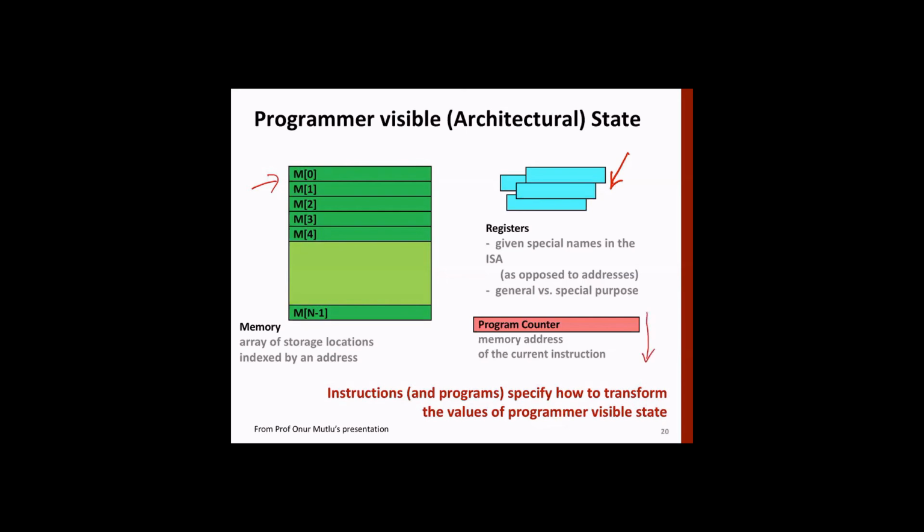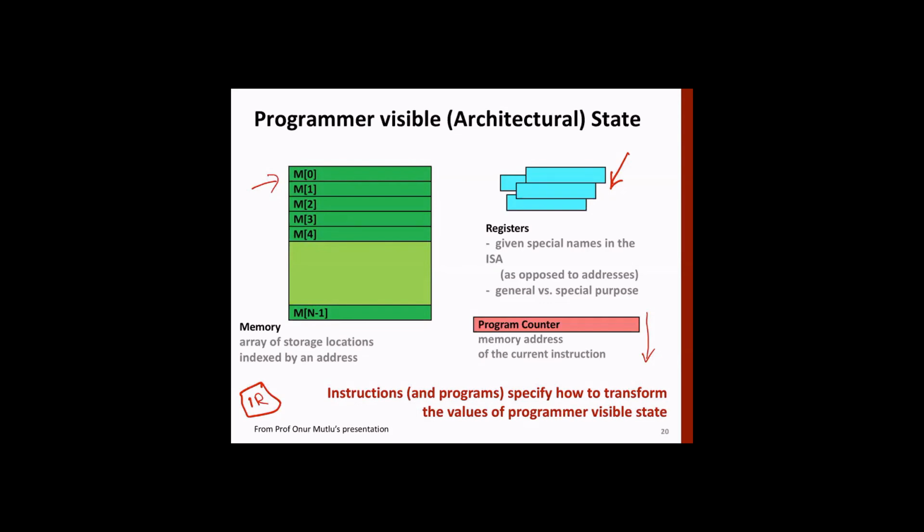So these three things are visible to the programmer outside, and all other things that we have discussed, for example the value of the instruction register and many other elements, are not visible to programmers. Why is that so? Because we have designed the system in a certain way that only things that are necessary should be visible to a programmer.